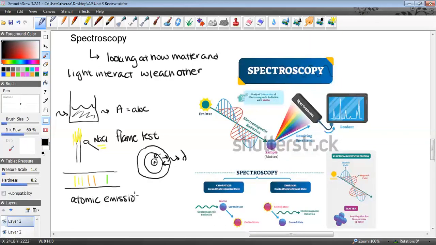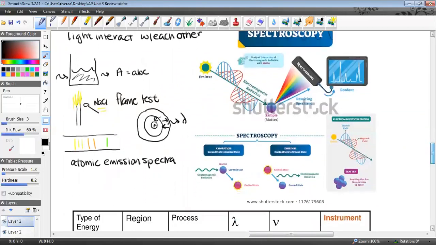And remember, those are like a fingerprint for the substance. And we can actually calculate how much energy is being emitted using our Planck's constant equation. And we can also calculate the wavelength of light using our speed of light equation. And so those are the three examples that you guys are probably the most familiar with.